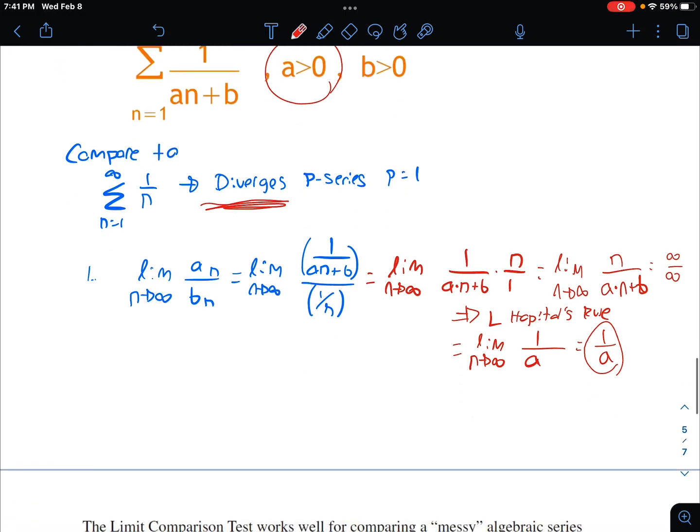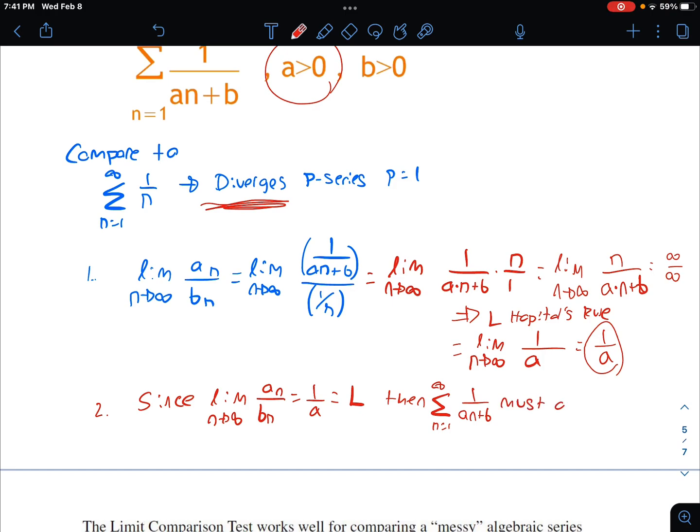All right. And so as a result of this, we're able to say since the limit as n approaches infinity of a sub n over b sub n equals 1 over a, which is some value L, then we know the sum from n equals 1 to infinity of 1 over a sub n plus b must also diverge.